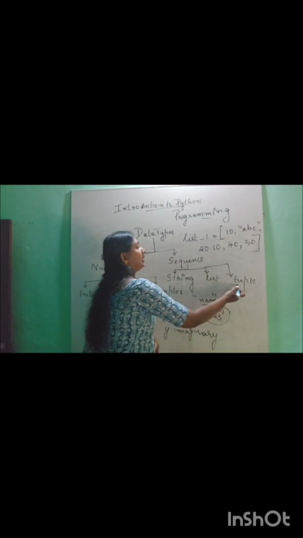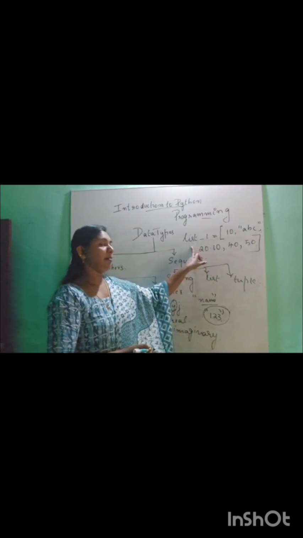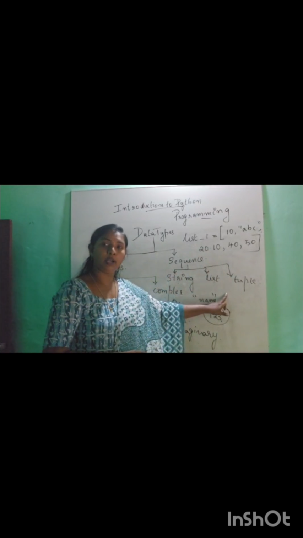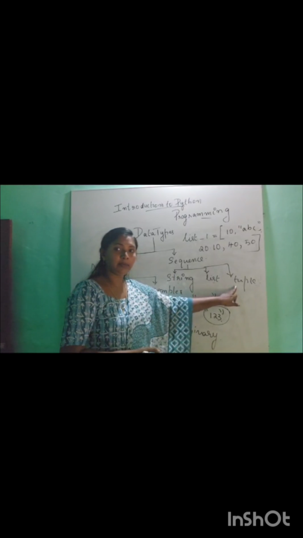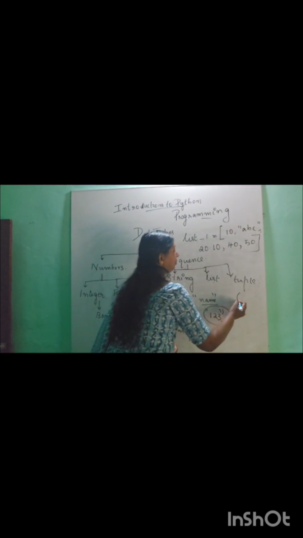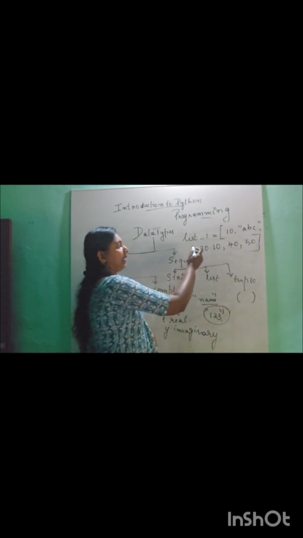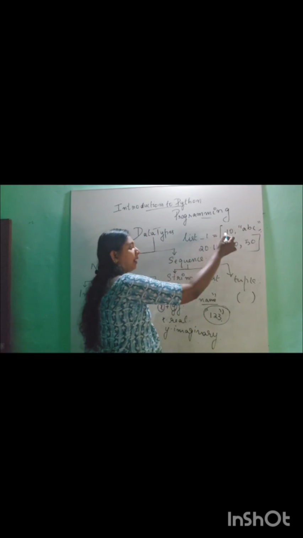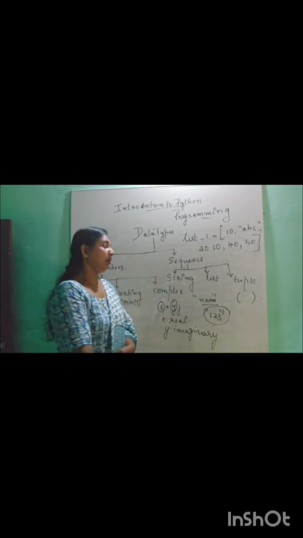The next data type is tuple. A tuple is the same as a list, with a small difference. While creating a tuple, you have to use parentheses. For creating a list you use square brackets, and for creating a tuple you use parentheses.